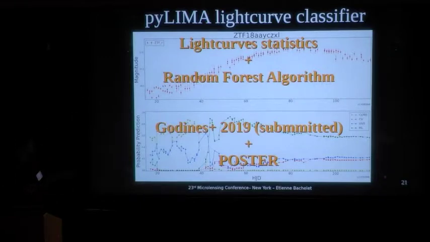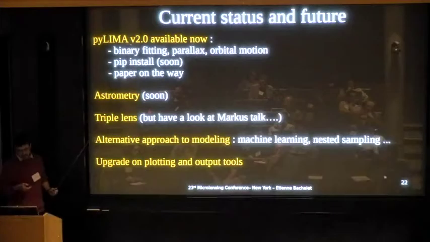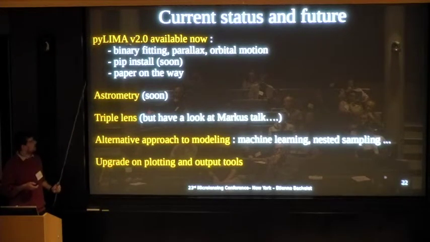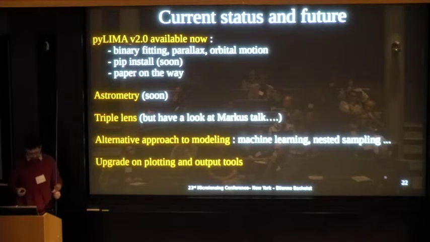Note that this code is flexible enough that you can use it on every survey that you have. We have a paper that should have been submitted when I wrote the talk, but I think it will only be tomorrow or something. Anyway, we have a poster outside if you are interested in discussing that. I think I've run out of time, so I'll just leave it here and take questions.